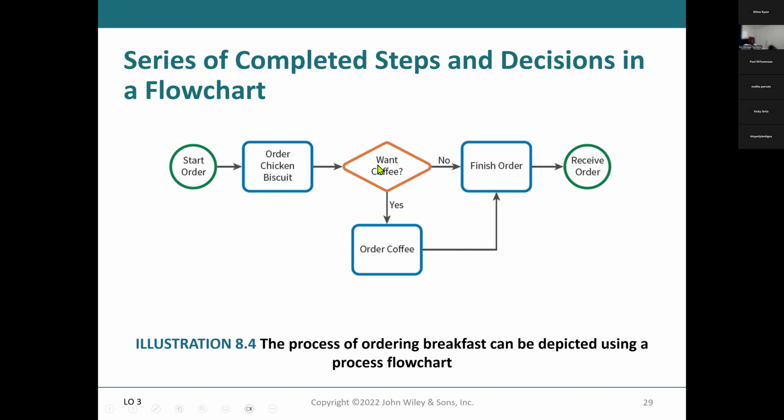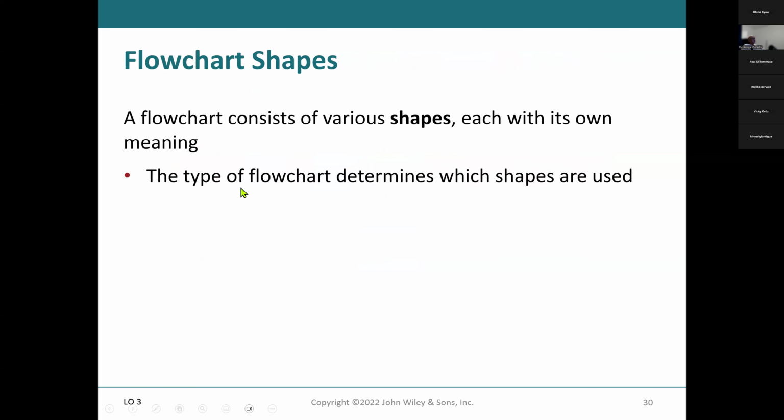Does the customer want coffee? Yes. Doesn't want coffee? No. Doesn't want coffee? Okay, that's the end of the order, and you give the order to the customer. Yes, then get coffee and finish the order and give it to the customer. Very simple flowchart.